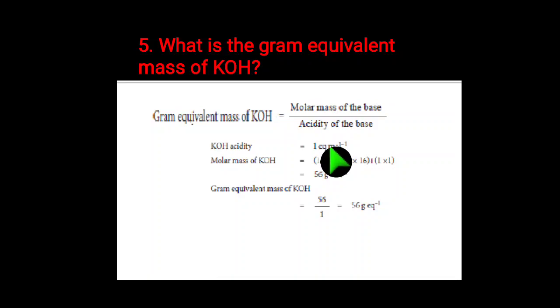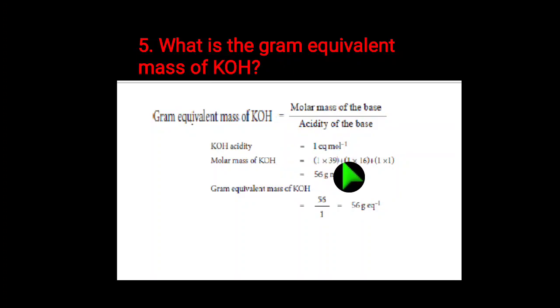In the previous slide, we found the basicity of the acid. Here we should find the acidity of the base. Only 1 OH is replaced by acid. So we have to calculate the molar mass, the numerator. K means potassium, 39.